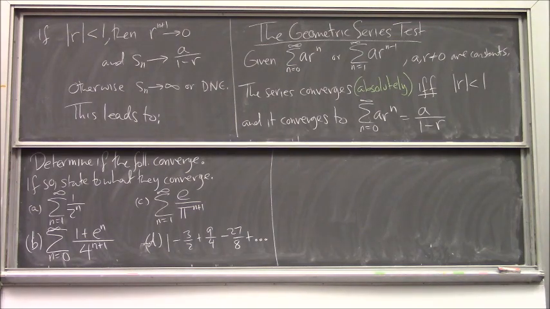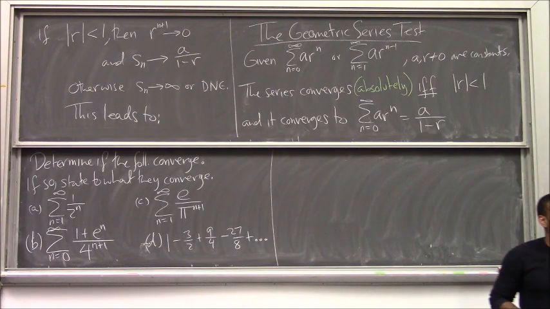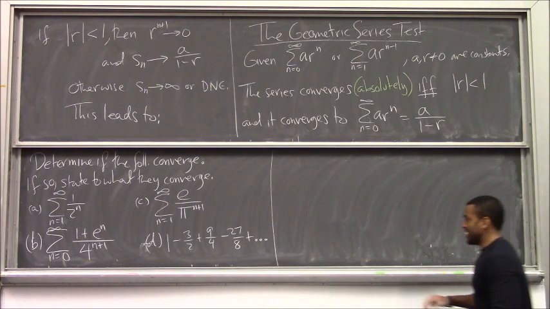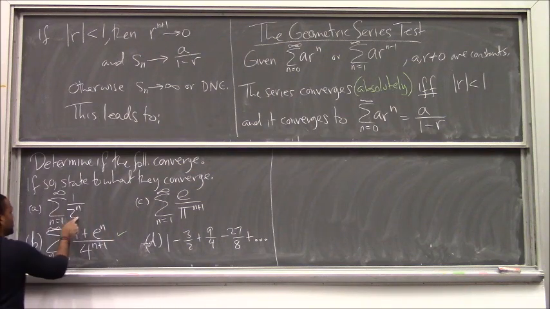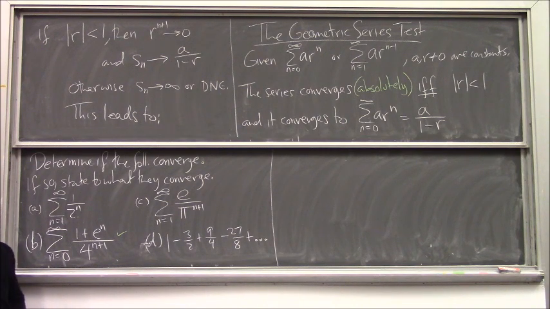Who wants to volunteer to do one of these? Can I get 4 volunteers? You want to try which one? You want to do B? You already called it. Okay, so B is taken. Who's going to try A? Volunteers? Come on, be brave.